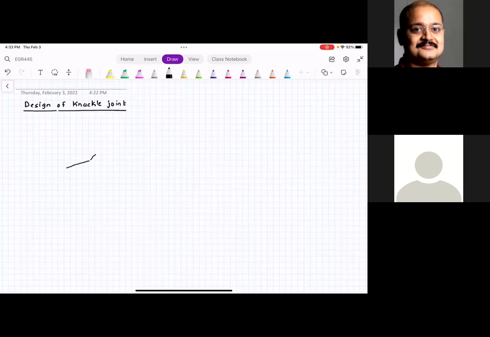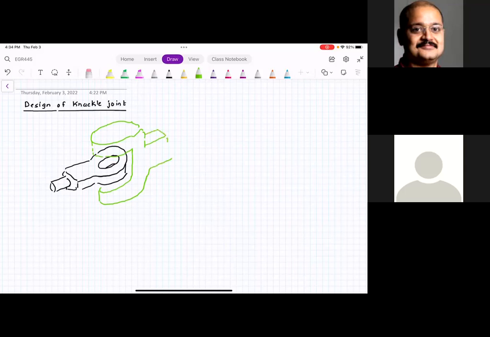So it's sort of a hinge. If you look at a knuckle joint, this is how a knuckle joint would look.